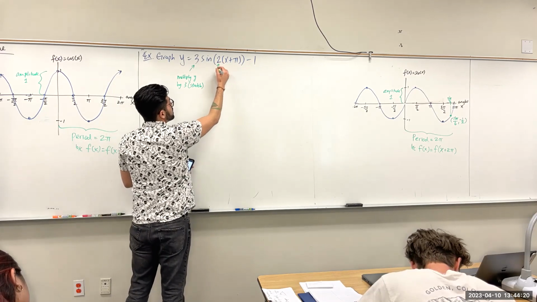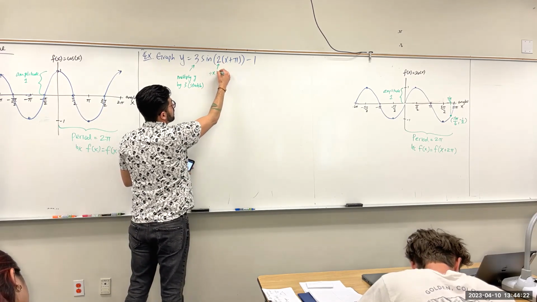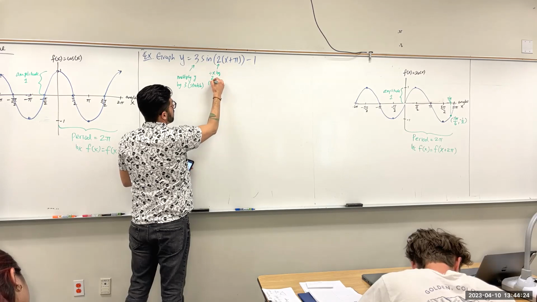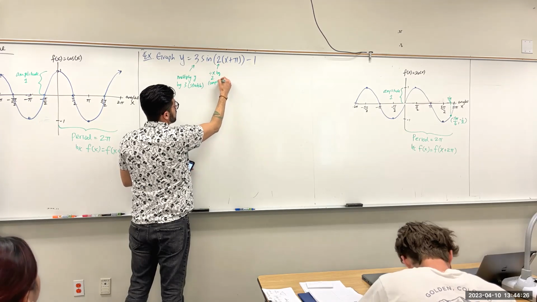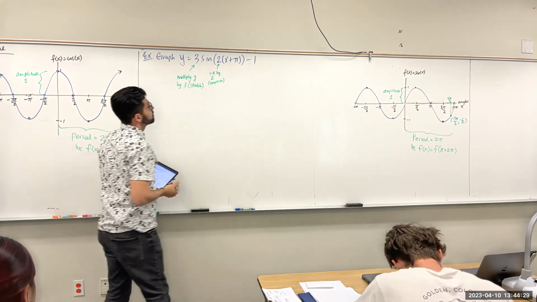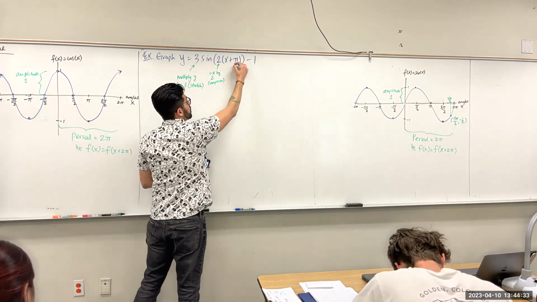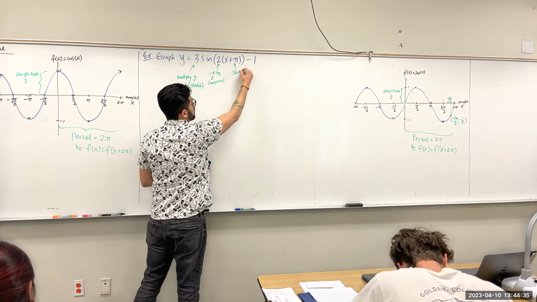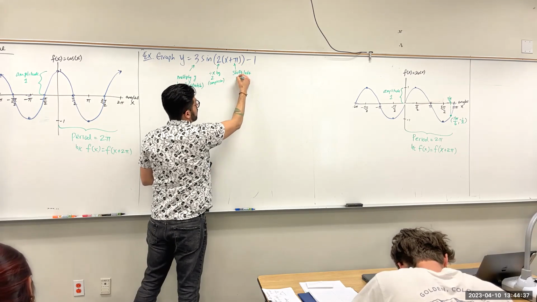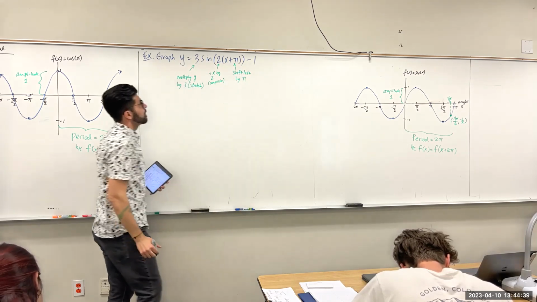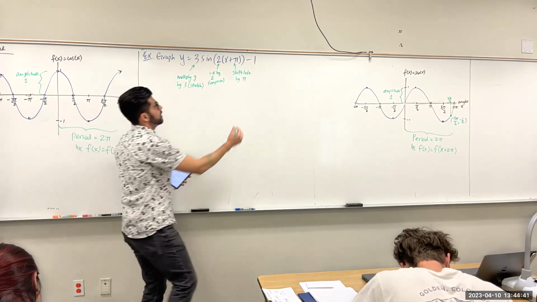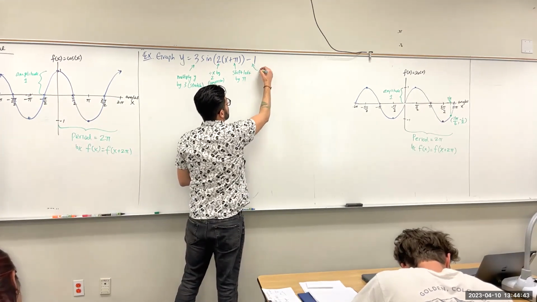The 2 does the opposite, so you're going to divide x by 2, so you have a compression. And then you said this shifts left by pi, shift left pi units. And then the minus 1, you go down.